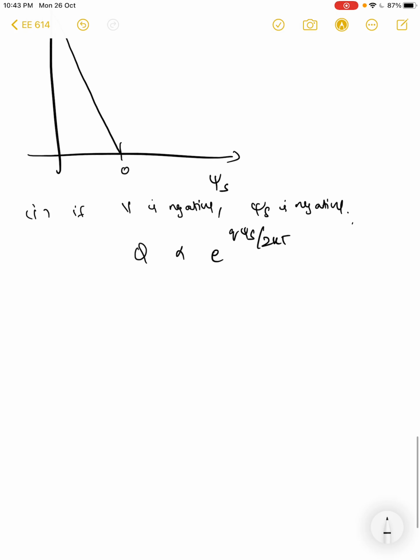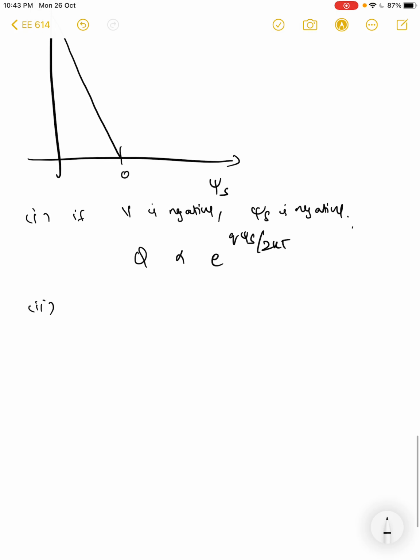Now second regime, if V is positive and such that the psi s, that is the surface potential arising from this, is smaller than psi b.